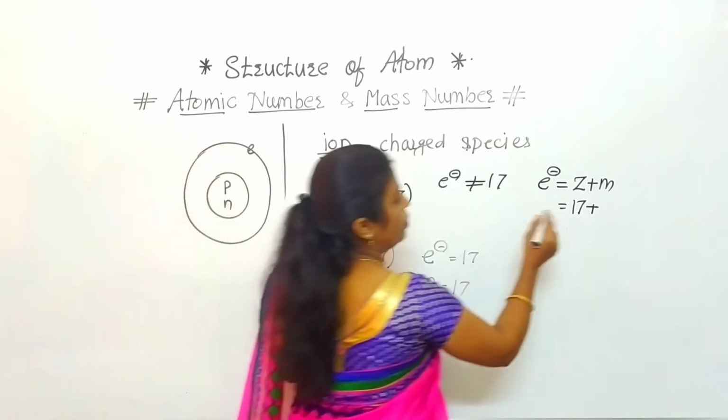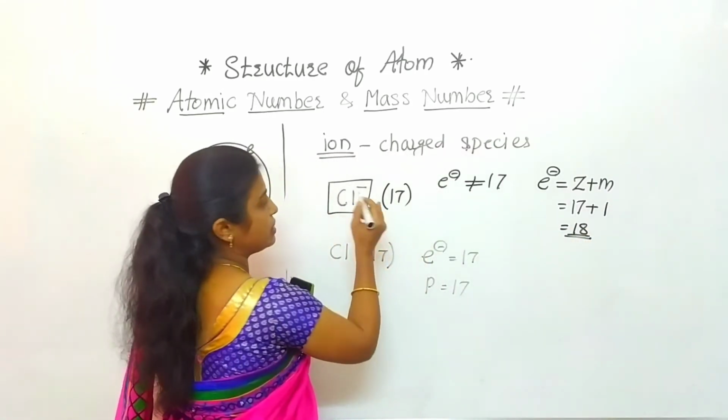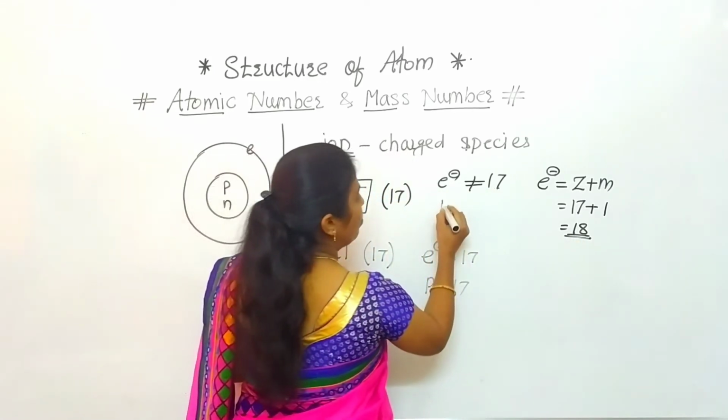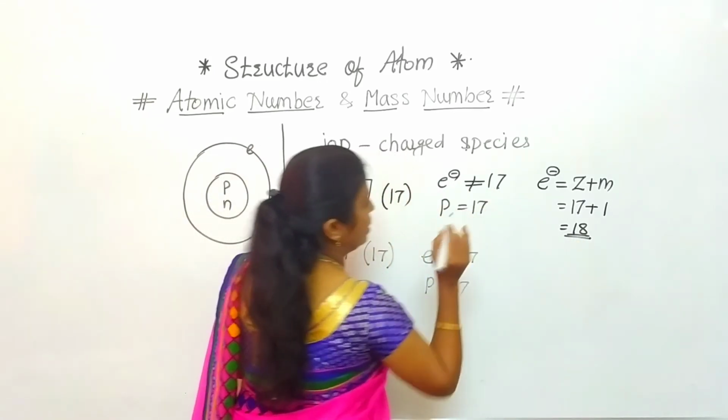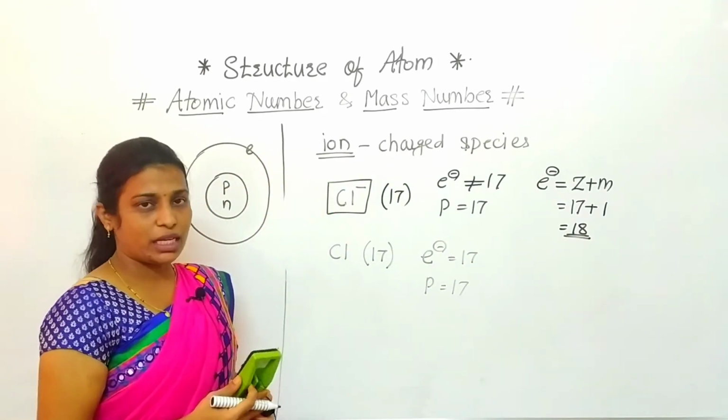Only one charge, so plus 1. In this way the number of electrons present in Cl minus is 18 and not 17, but the number of protons will be the same, that is 17. So this is all about the atomic number.